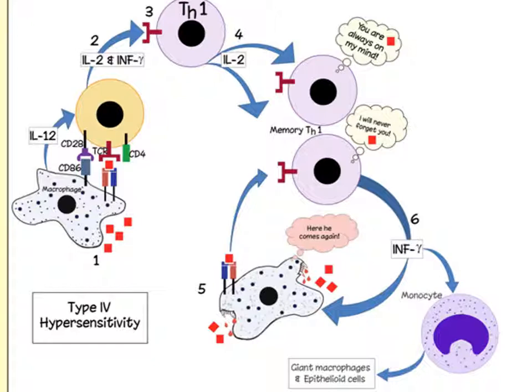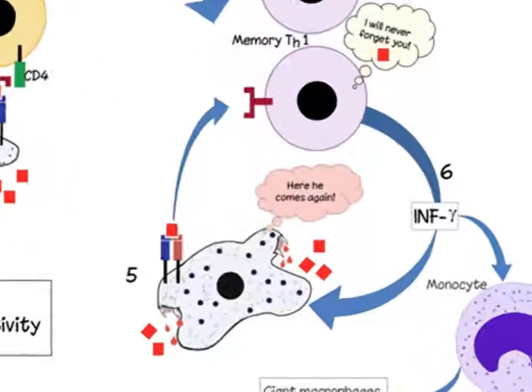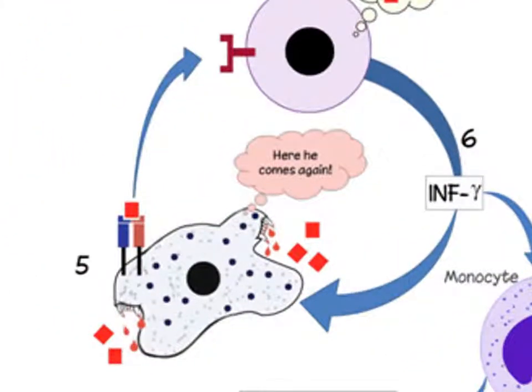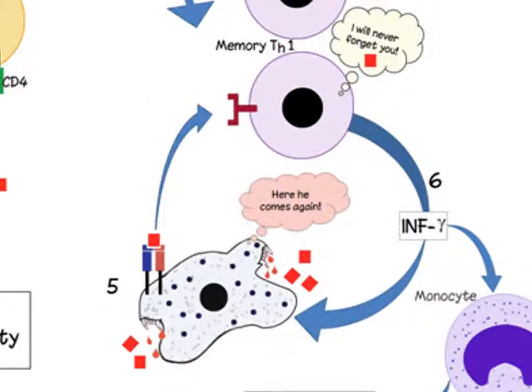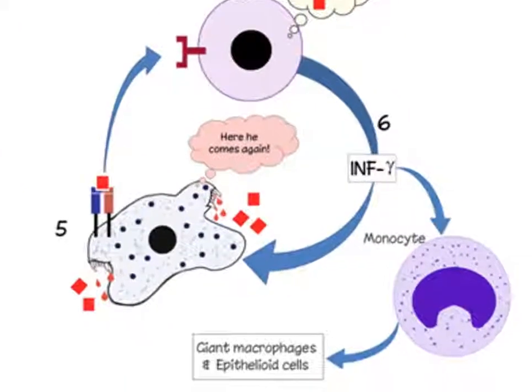These long-lived memory cells will be ready to quickly react upon re-exposure to their cognate antigens in the future, or after subsequent exposure. So what will happen with subsequent exposure? When tissues are re-exposed to the same antigen, the APCs once again uptake the antigen, degrade it, and display it on their MHC2 proteins. However, this time, the circulating antigen-specific memory effector Th1 cells that have already propagated recognize the peptide MHC2 complex and pour interferon gamma onto macrophages and convert them into voracious phagocytes.